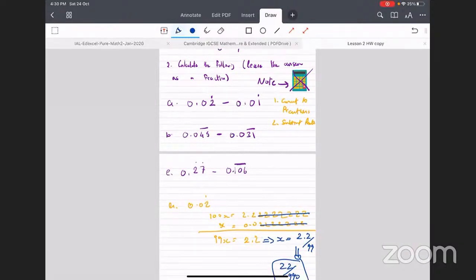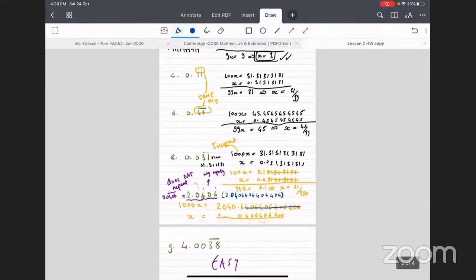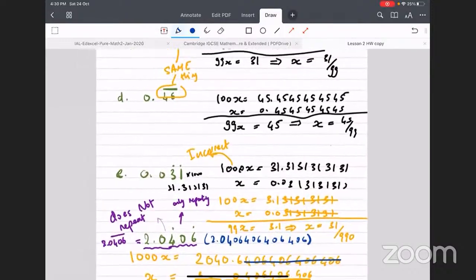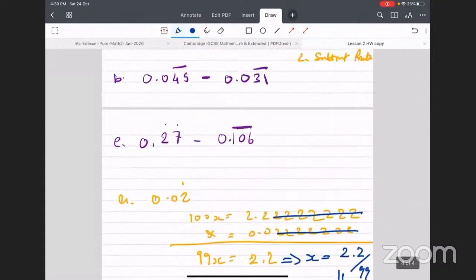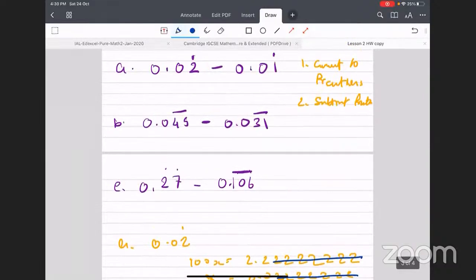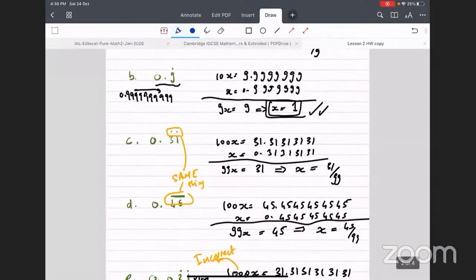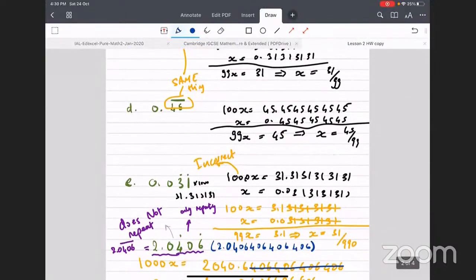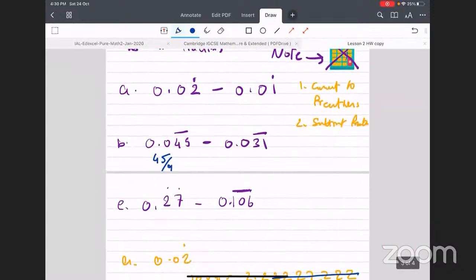Okay, let's take another example. So 0.045 recurring minus 0.31 recurring. So 0.045 recurring, that would be 45 over, I think 990.